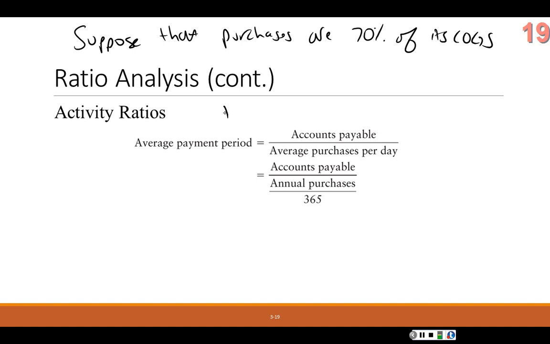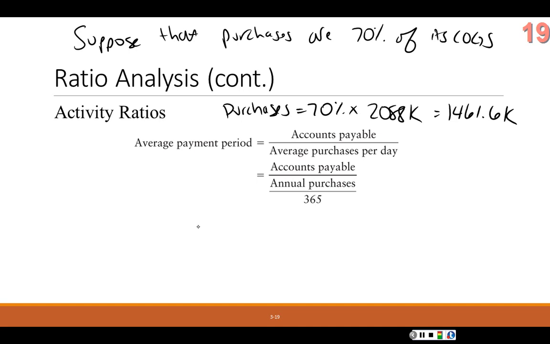So then we would say that purchases would be equal to 70% of our cost of goods sold that's found on the income statement, and that is equal to $1,461.6 thousand.